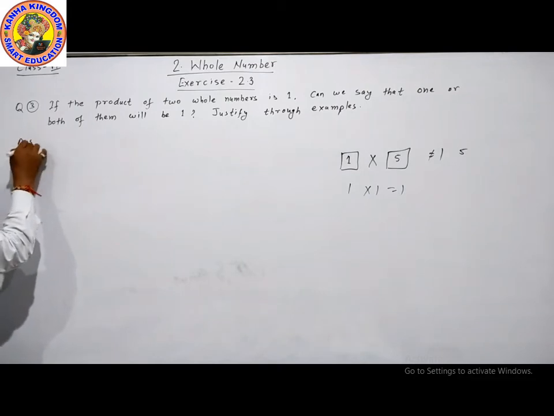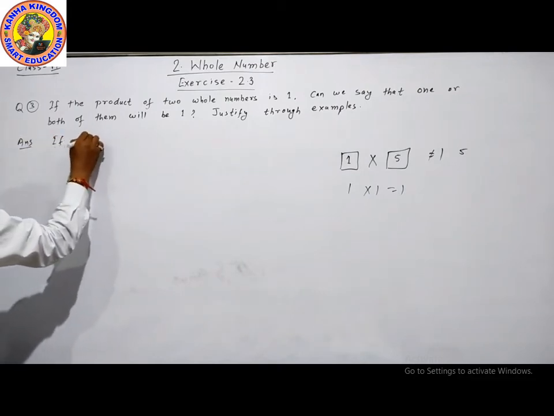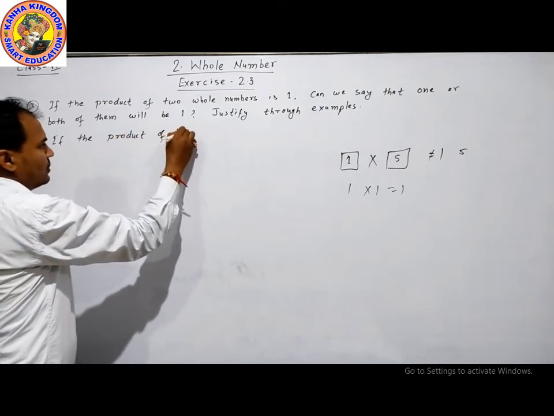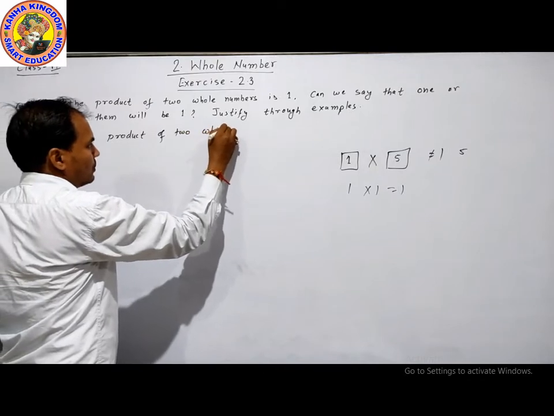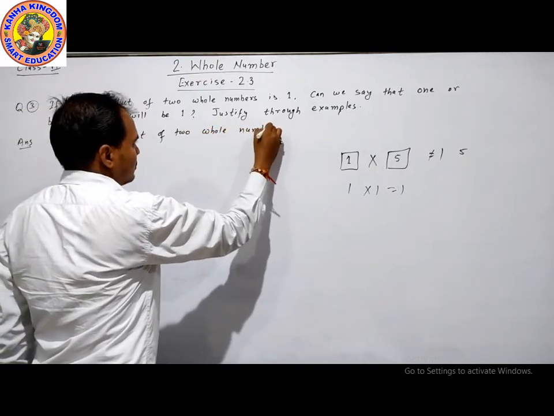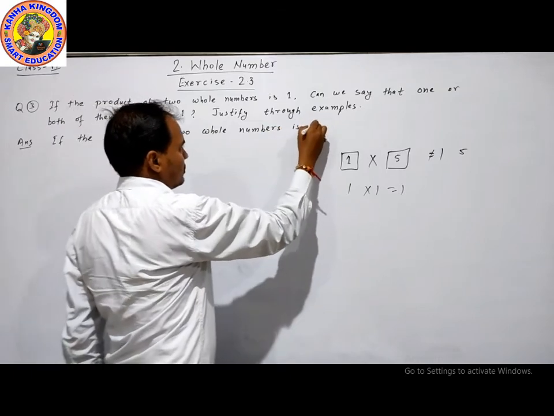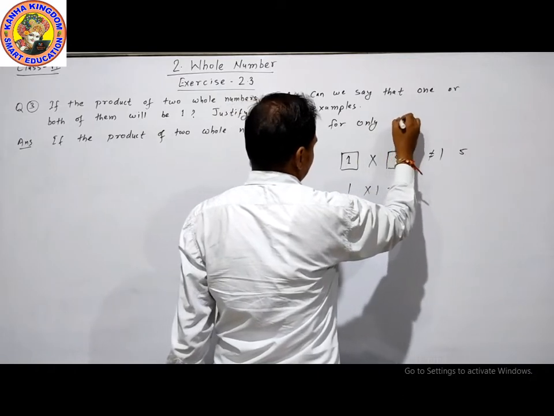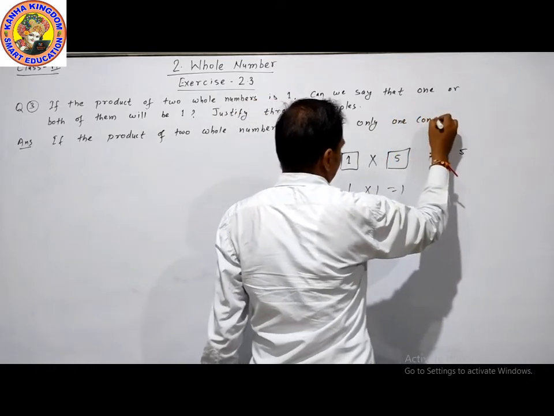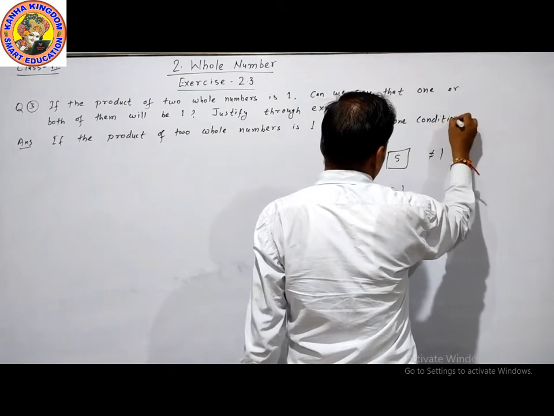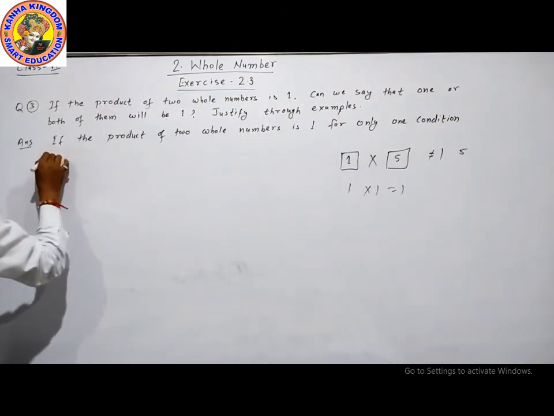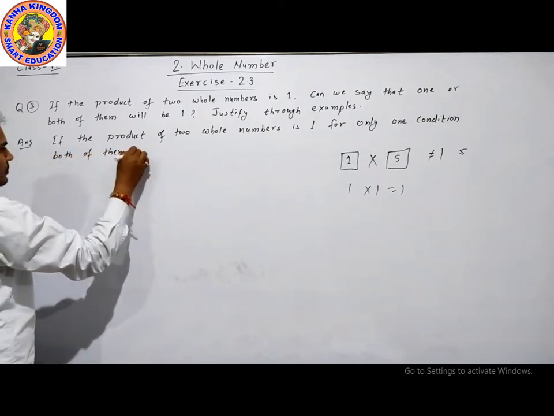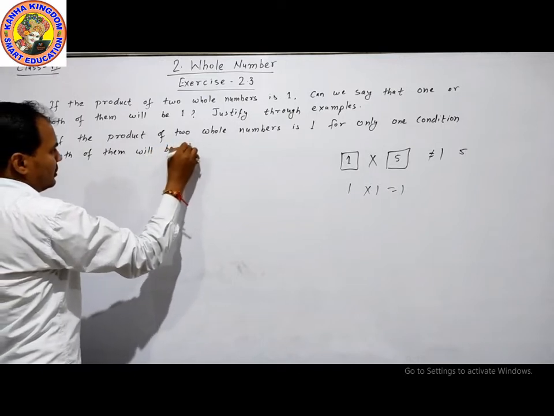So the answer is, if the product of two whole numbers is 1, for only one condition, both of them will be 1.